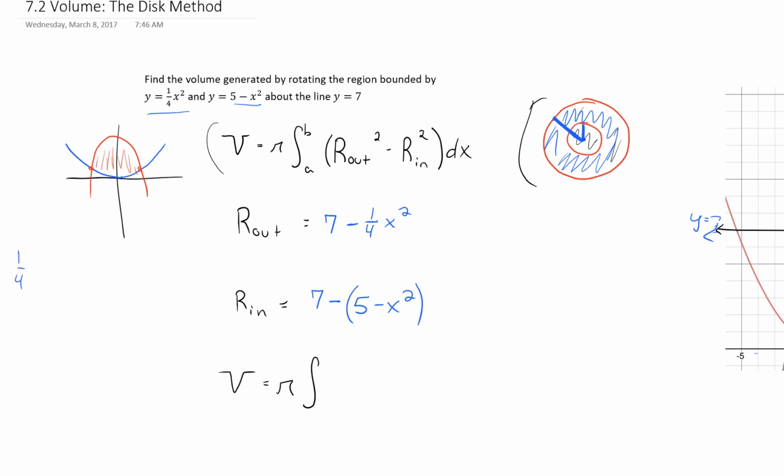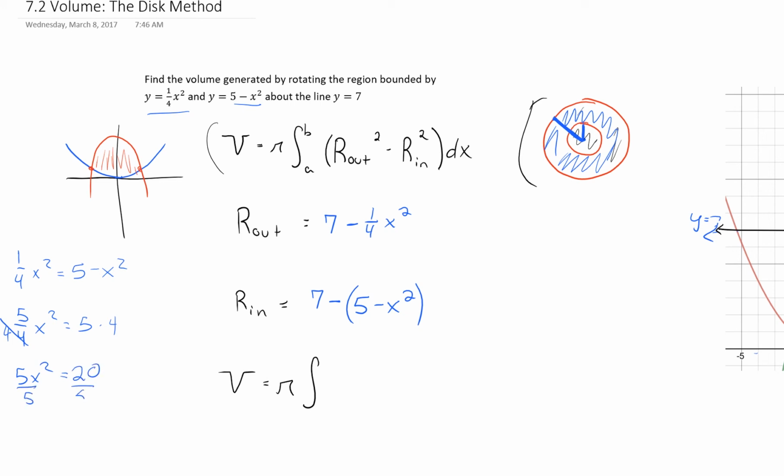So 1/4 x squared is equal to 5 minus x squared. I'll add that x squared over, and I get 5/4 x squared equals 5. Multiply by 4. Those cancel out, so it's 5x squared equals 20.